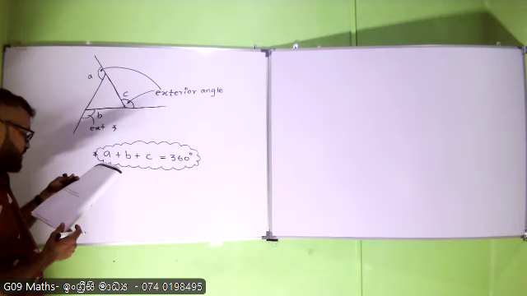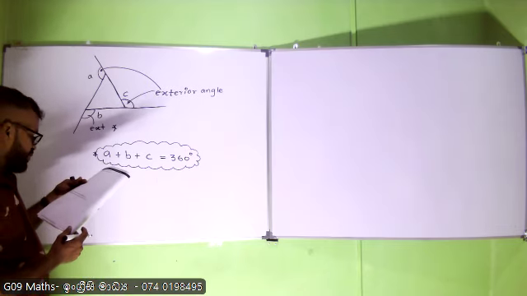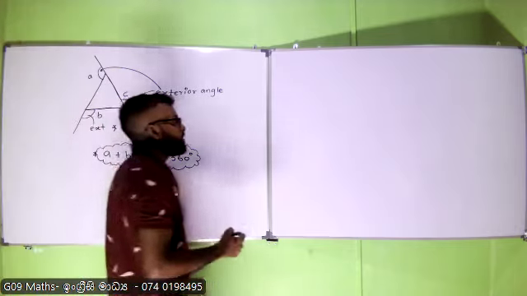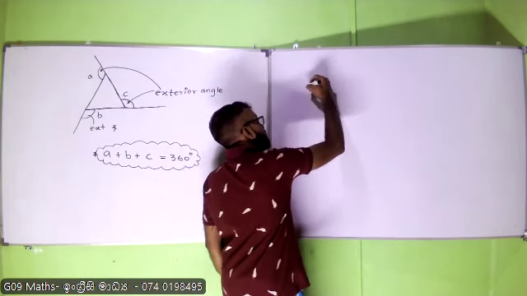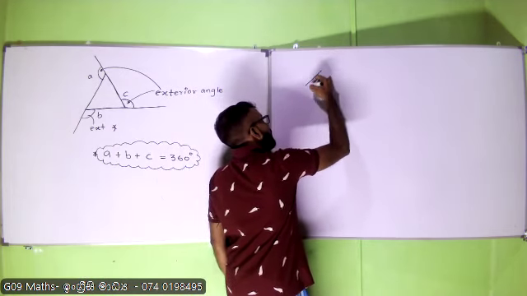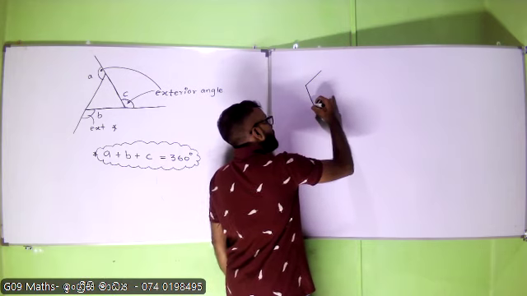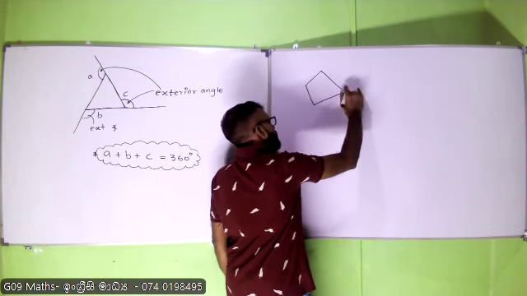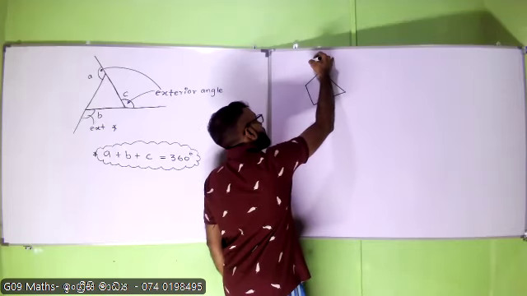Let us identify exterior angles of a quadrilateral now. Draw a quadrilateral and form its exterior angles and name them. So I will draw this kind of a quadrilateral. If you want, you can draw any quadrilateral.